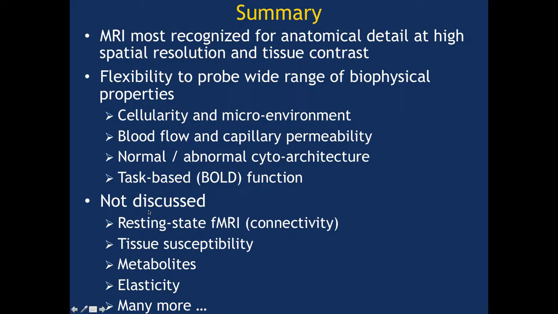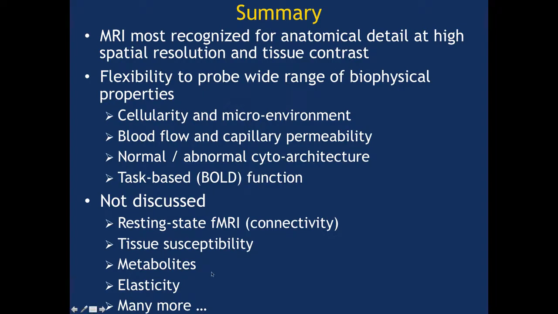There's a long list of things I just did not get time to cover. Resting state fMRI looks at the connections in the brain without having it do tasks. It's just looking for correlation of signal changes in one portion of the brain versus another. There's tissue susceptibility measurements that can be done. Metabolites, I indicated we're imaging water and fat. There's also a few very weak signals in choline, creatine, NAA, or N-acetylaspartate rather, lactate.